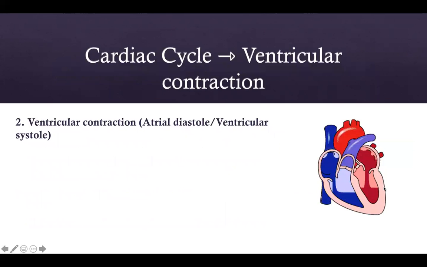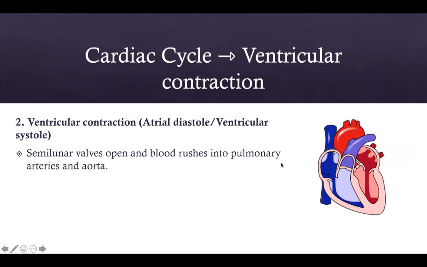Next, we have our ventricle contraction. So at this point, our atria are relaxed, but our ventricles are going to contract. So your semilunar valves open when your ventricles contract, as you can see there, and blood is going to rush into the pulmonary arteries as well as into the aorta.